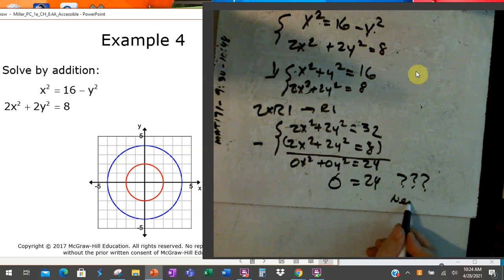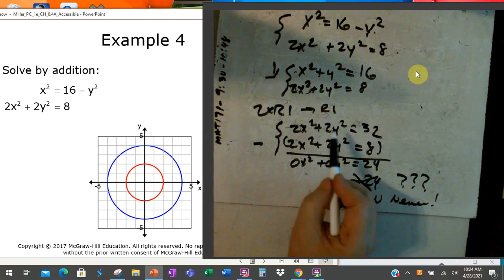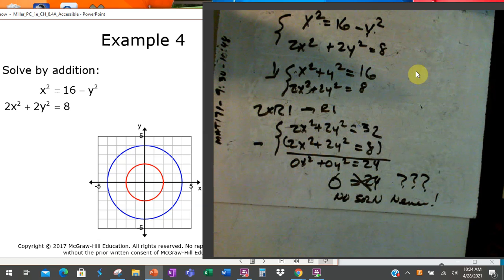Never. That says no solution. Okay? There's no way that I can get this and get this to be two numbers. It's the same operations. And if I look over here, I see no intersections between the blue. This would be the big one. This would be this and that one, which would be there.